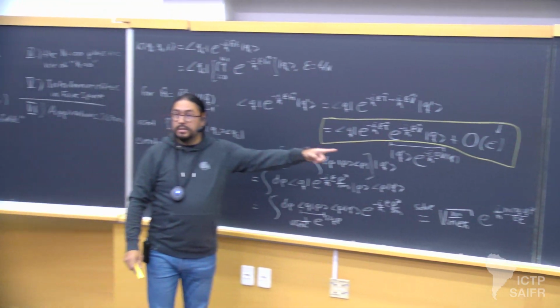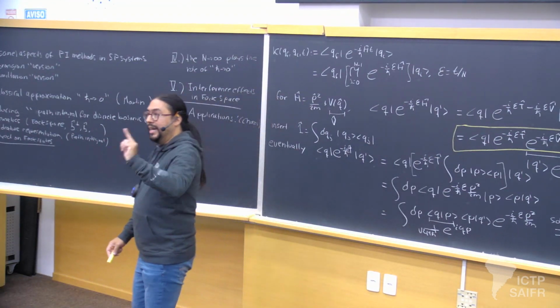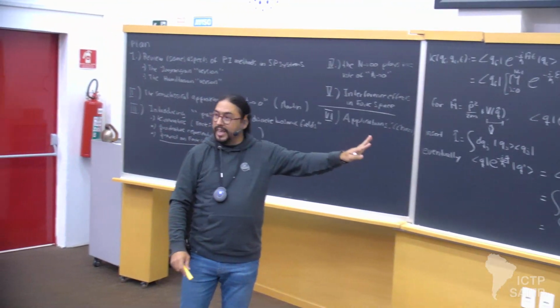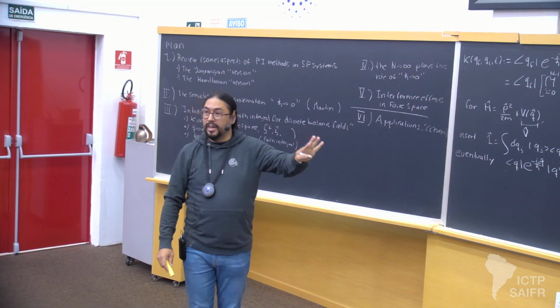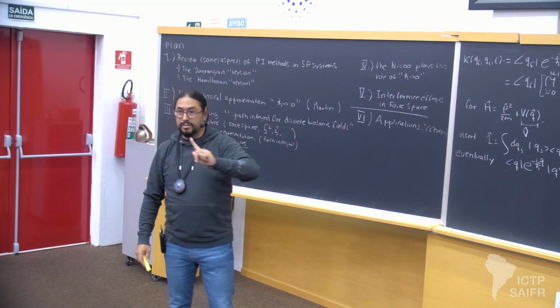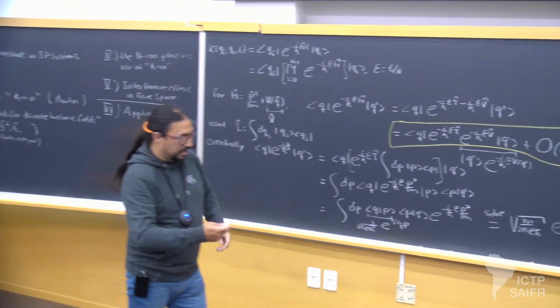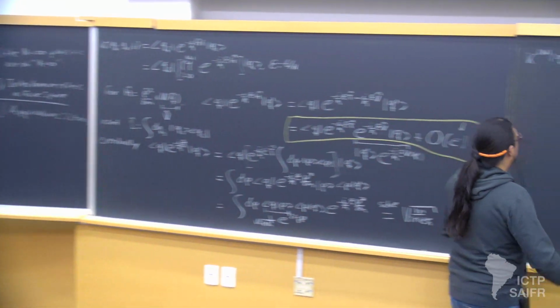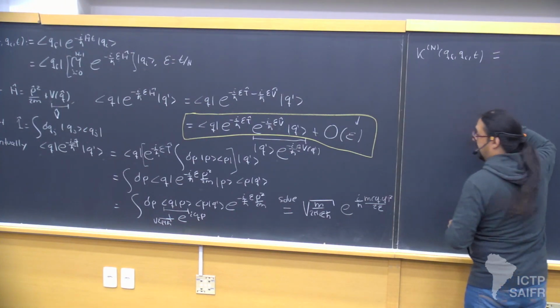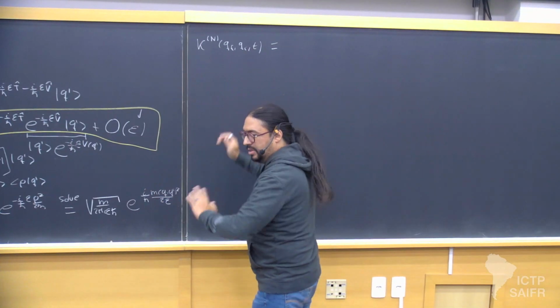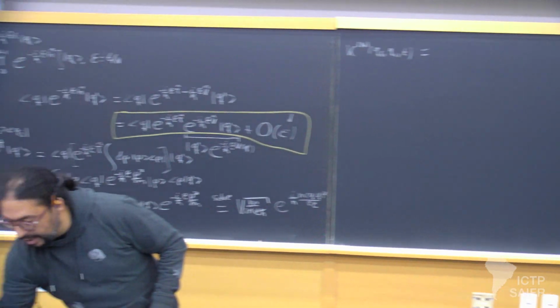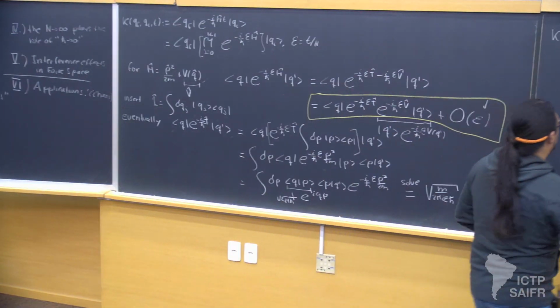I'm assuming that when epsilon goes to 0, when n goes to infinity, somehow I can control the error I'm making there. That's a non-trivial statement, okay? But there are some efforts to do it right. And the nth approximation, how does it look? I will now put everything together and write it in a way that is suggestive.